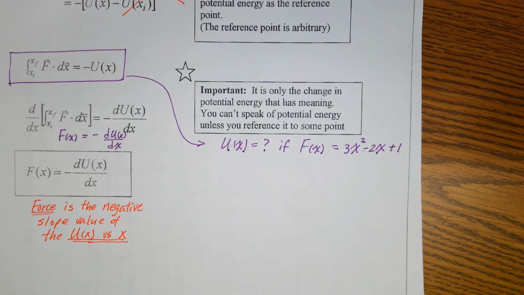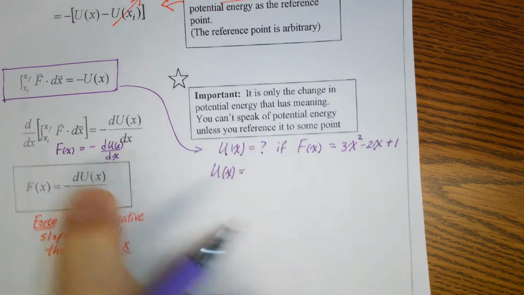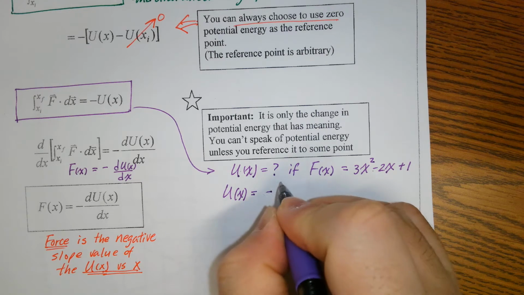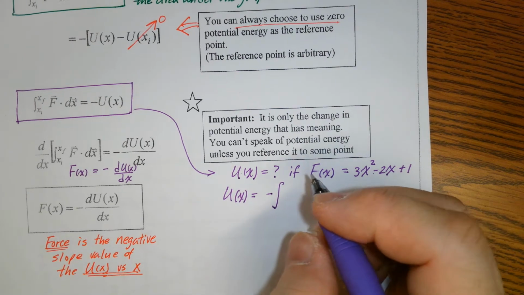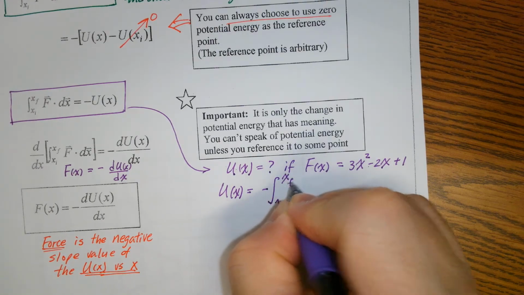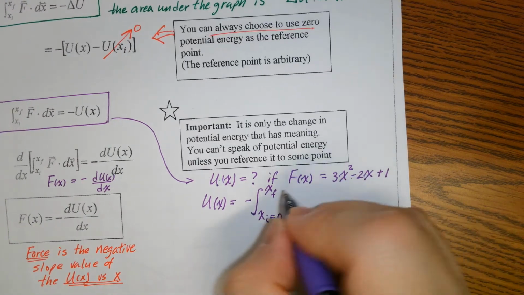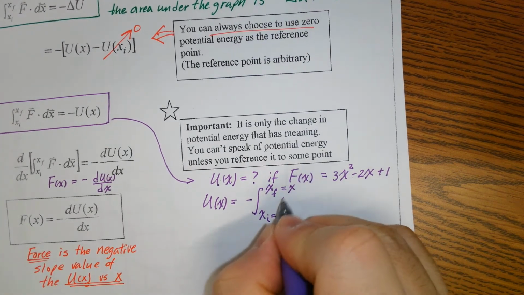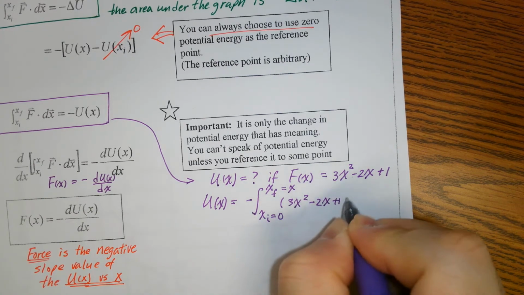Then since u of x is equal to, I'm going to bring the negative to the other side, negative integral of f of x dx, from x initial to x final. And let's let x initial equal 0, and x final is equal to x, of 3x squared minus 2x plus 1 dx.